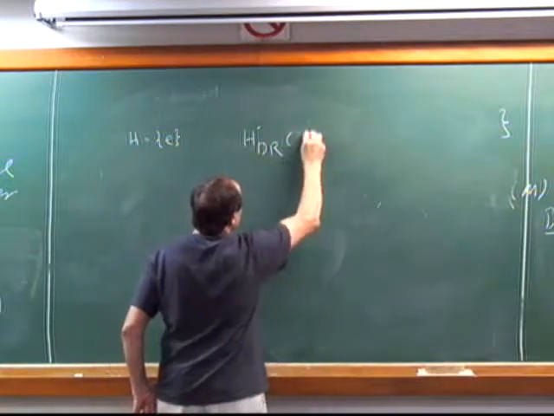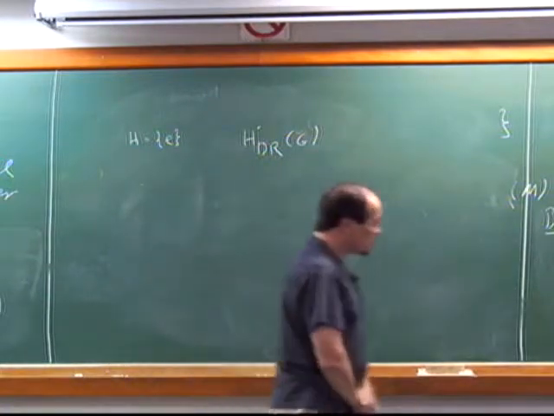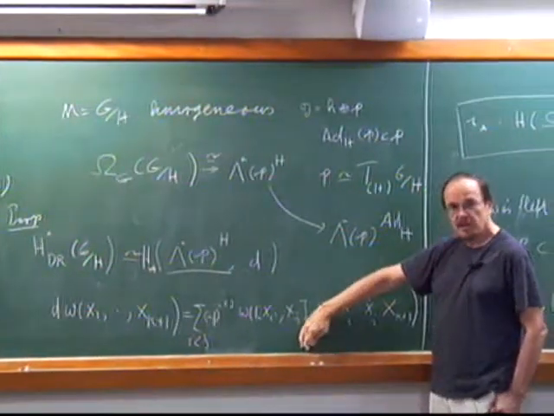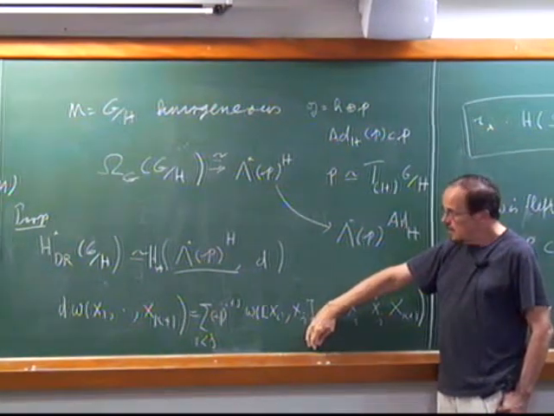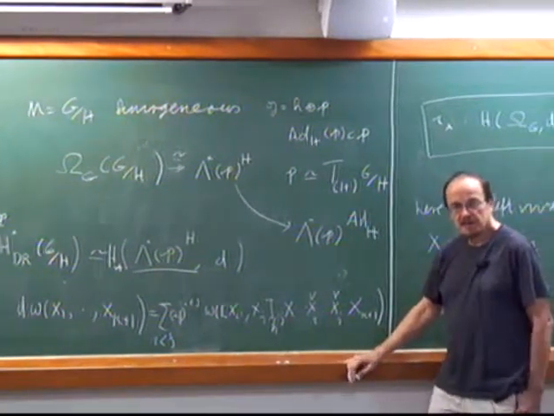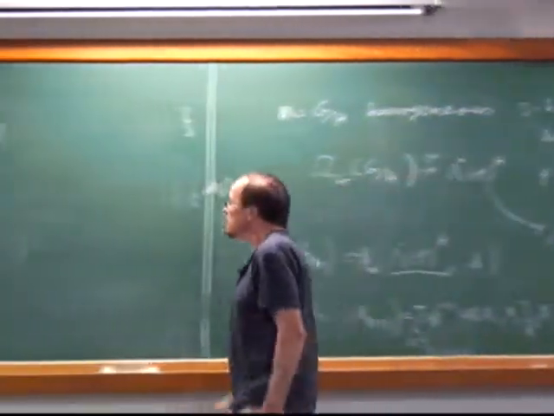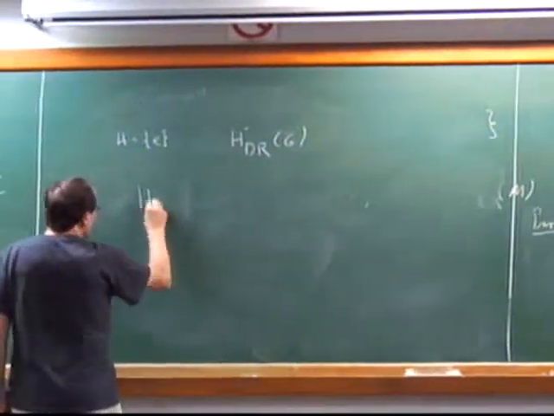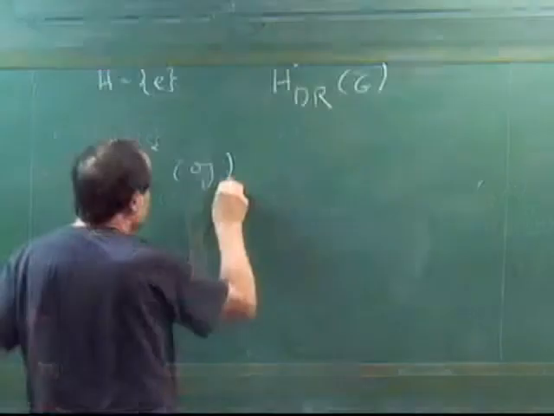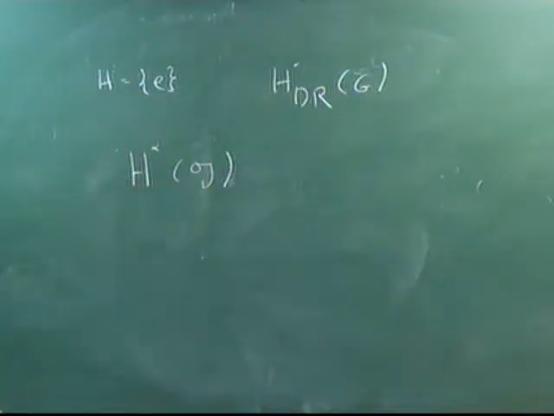Cohomology of G simplifies a little bit because I don't have to take any h components here. It's just all the brackets in G. Right? And now this makes sense indeed for any Lie algebra. I don't need a Lie group. So I can call this object also the cohomology of the Lie algebra. It's called the Lie algebra cohomology, in fact.